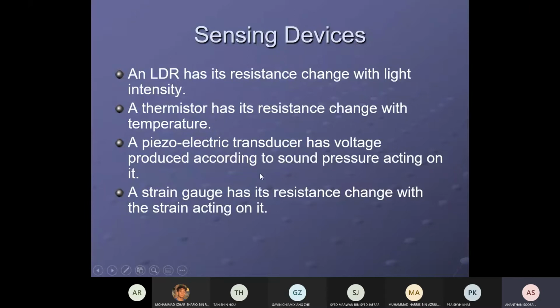The greater the pressure, the greater the voltage, so it is sent to the output. The strain gauge is used to check cracks in buildings and bridges, how much they have extended. Even less than a fraction of a millimeter, the strain gauge can detect. So it is checking strain.